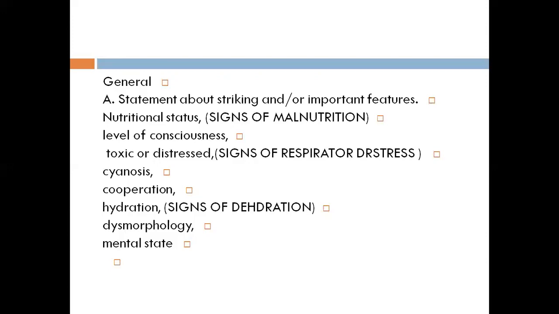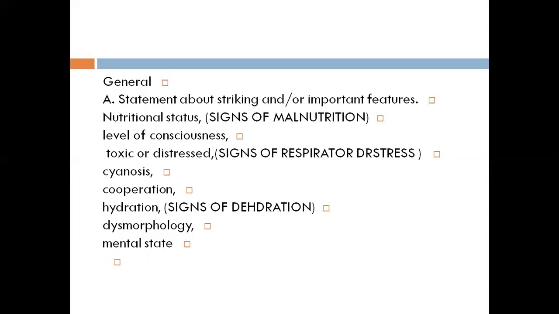I search for signs of respiratory distress, cyanosis, cooperation, hydration, signs of dehydration, dysmorphology, dysmorphic features, and mental status. We must look for all of these, but at the end, in the practical review, I will give you how we arrange the information. What we are saying now is correct in sequence, but practically I will come to tell you something easier.